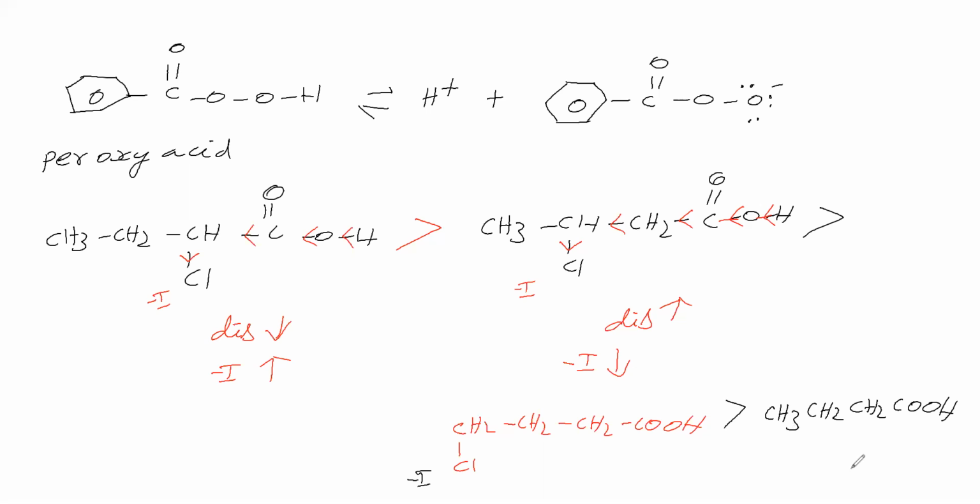Next we will take pentanoic acid. Pentanoic acid we have taken. Now we will write one of the carbons as a branch. So we will see how the acidic strength will be.